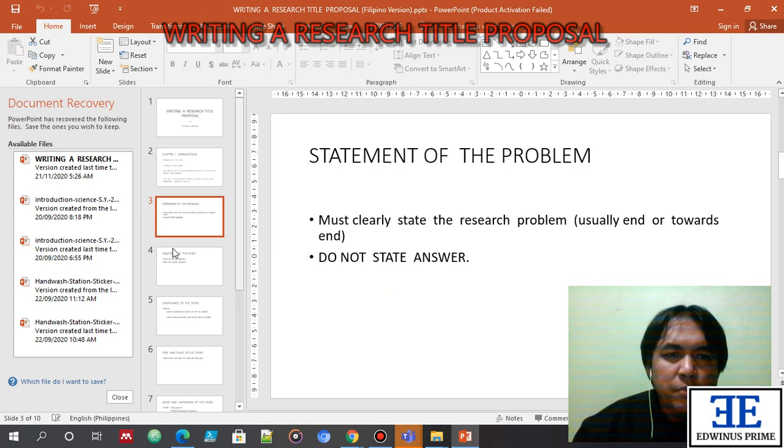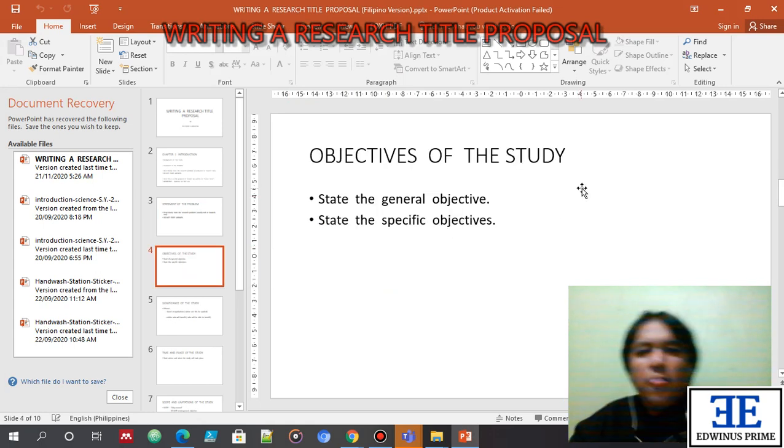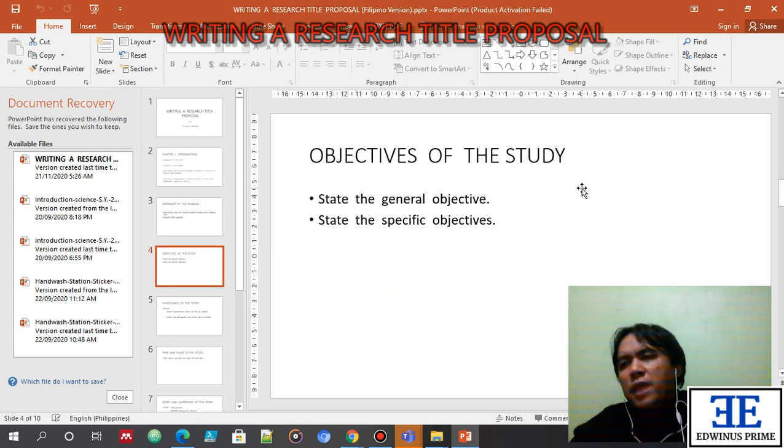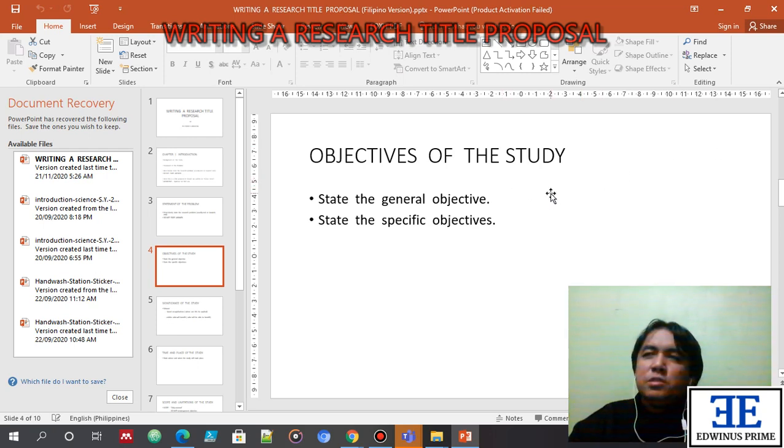So let's continue. How do you write the objectives of the study? First, you state the general objective, then the specific objectives.